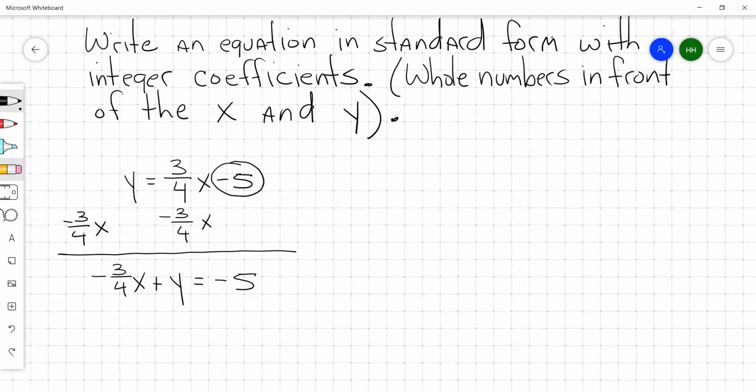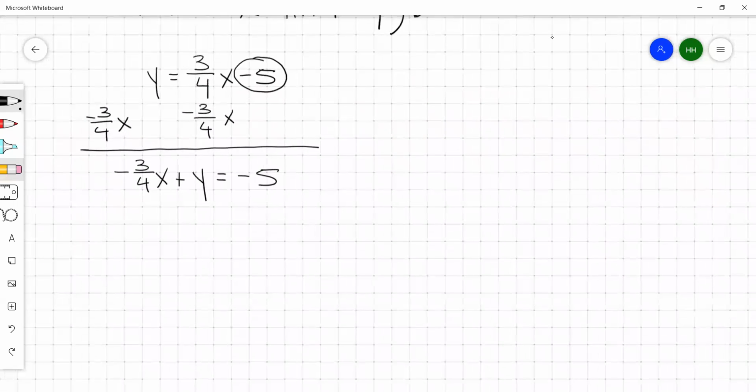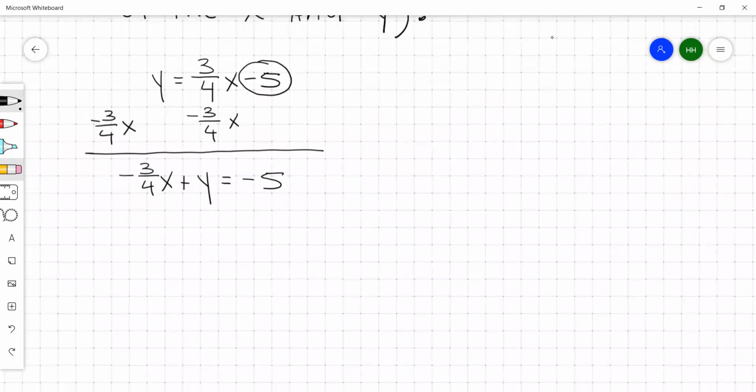Now, when this happens, we need integer coefficients. We need whole numbers in front of these variables. In this case, when you have 3/4 in front of a variable, we're going to multiply both sides of the equal sign by 4. I came up with this 4 because that's the denominator that we're trying to get rid of.